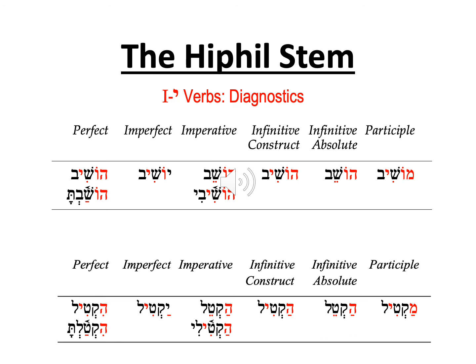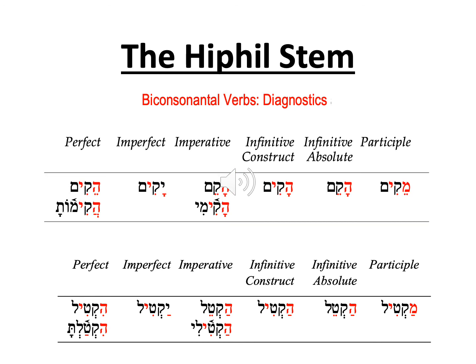So instead of hoshavta, the bottom form here of the perfect, we have noshavta, with a nun instead of a he. So we're still able to differentiate between the Hiphil and the Niphal based on the behavior of that vav. If it acts like a consonant with a qamets, it is a Niphal. If it acts like a holam vav, like a vowel, then it is a Hiphil.